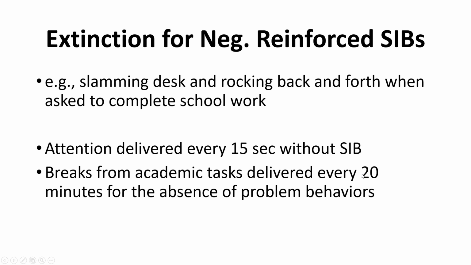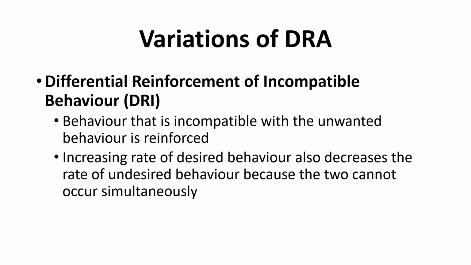Just a slight aside here to talk about other things we might want to consider while we're employing differential reinforcement for specific kinds of behaviors. There are also a couple of slight variants of our DRA, which you'll occasionally see in very specific scenarios.